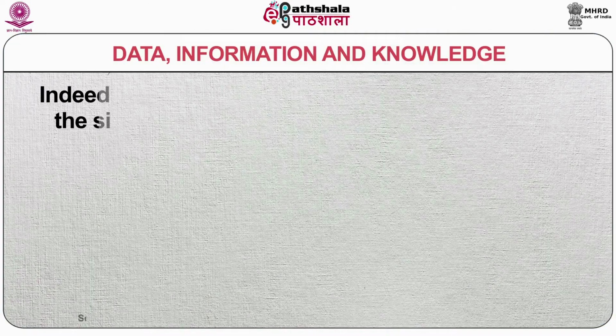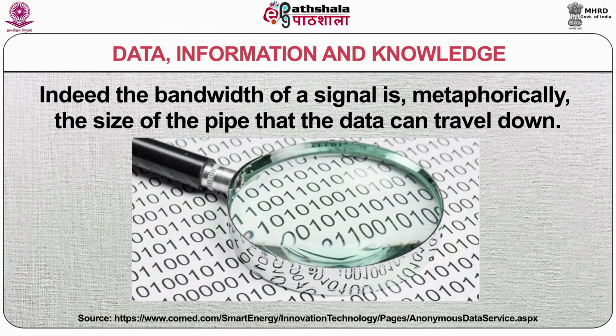For example, information science defines data as unprocessed information, and other domains view data as representation of objective facts. In computer science, expressions such as data stream and packets of data are commonly used. Indeed, the bandwidth of a signal is metaphorically the size of the pipe that data can travel down.